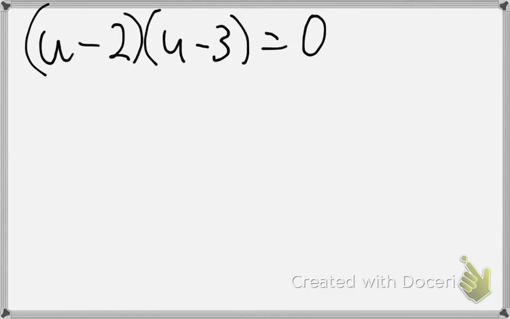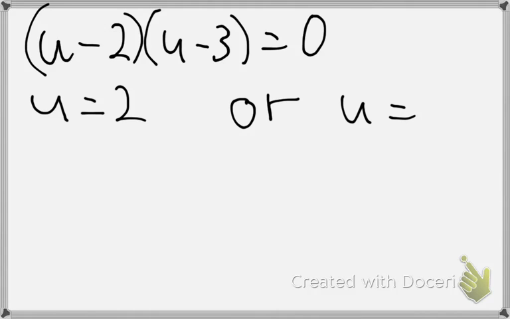From here, I solve for u normally. So this one gives me 2, and this one gives me 3. So u equals 2, or u equals 3. But u wasn't my original question. I was asked to find x.